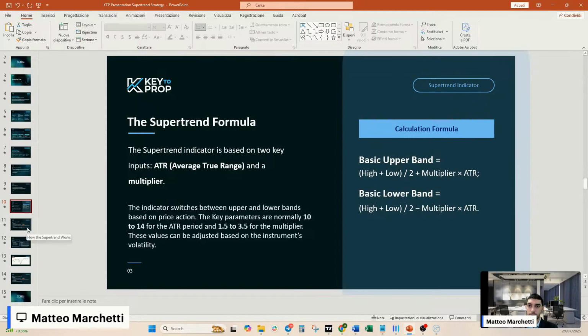What I notice is that most of the clients, even the ones trading with one indicator, don't actually know what the indicator is. They don't know what is behind the indicator formula. They don't know the formula. They don't know what the inputs are or where the inputs come from.